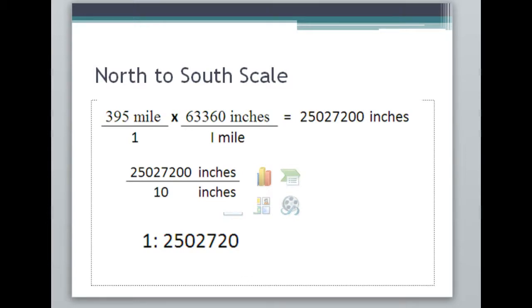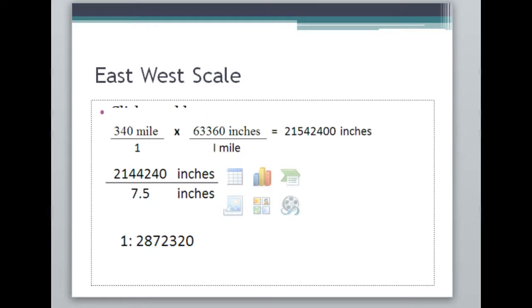Now I want to reduce that to fit on 10 inches of paper. So I'm going to divide that by 10 inches and I'm going to get my representative fraction, or my ratio, of 1 to 2,502,720.